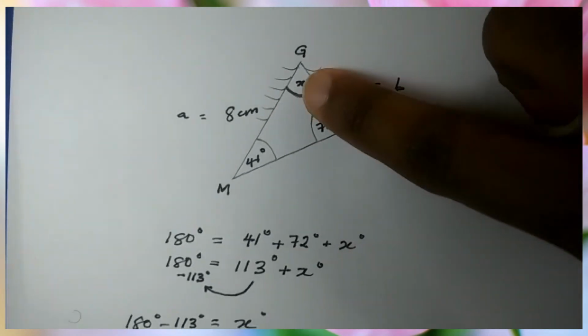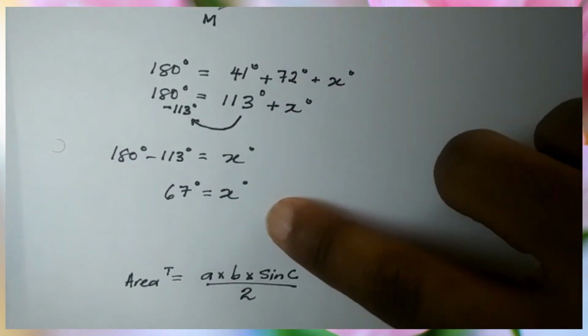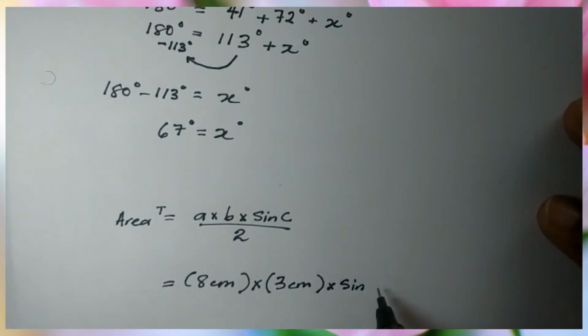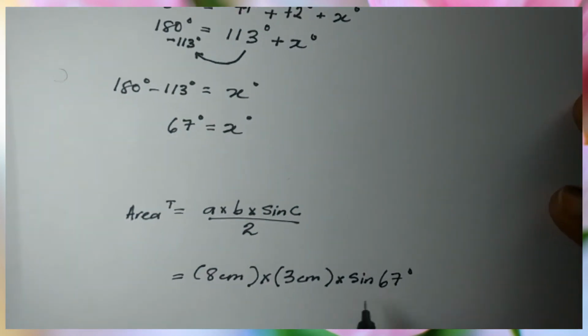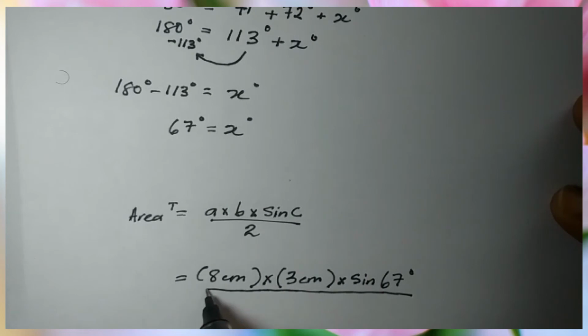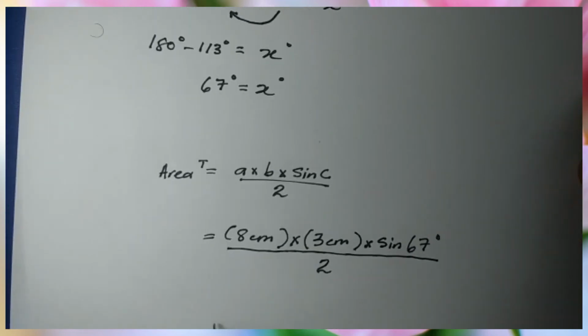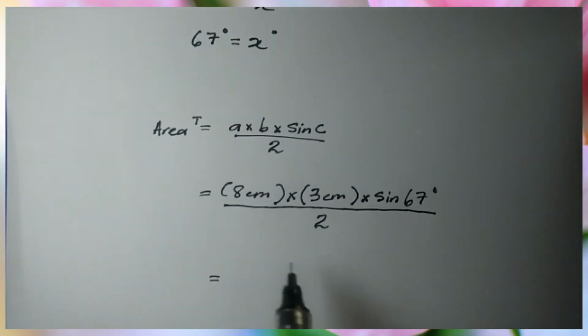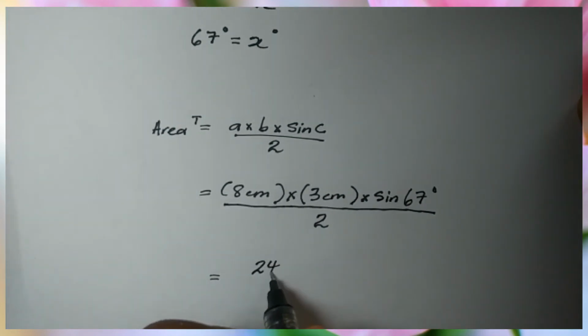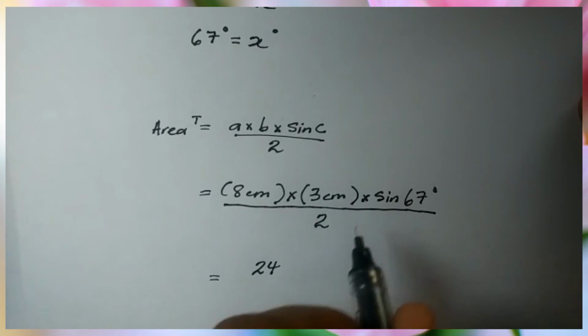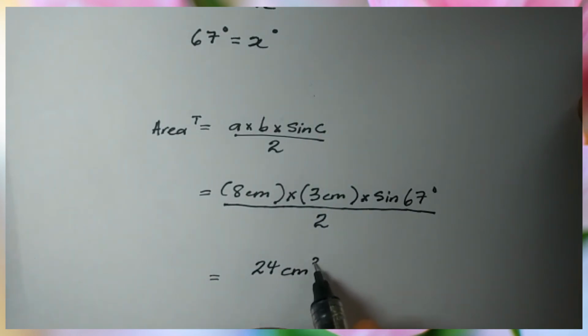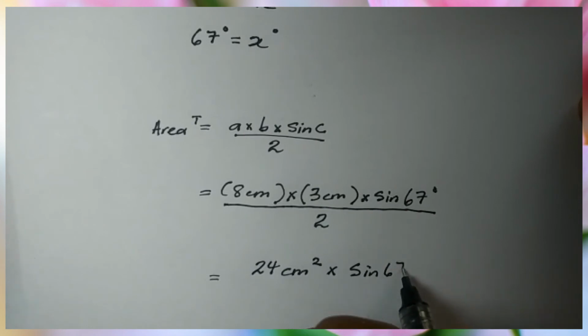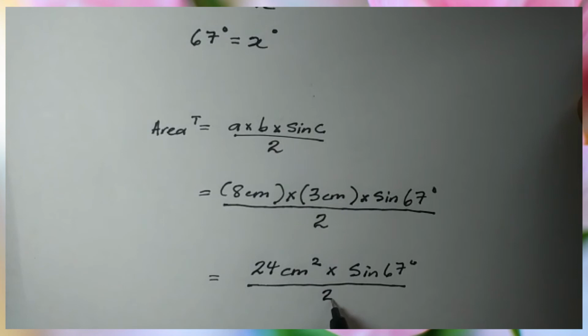Where is my eyeball? It's x, and we calculated x to be 67 degrees. Following my formula, I'm dividing it all by 2. 8 times 3 gives me 24. Centimeter times centimeter gives me centimeter squared. And I'm multiplying that by sine 67 degrees, and I'm dividing everything by 2.